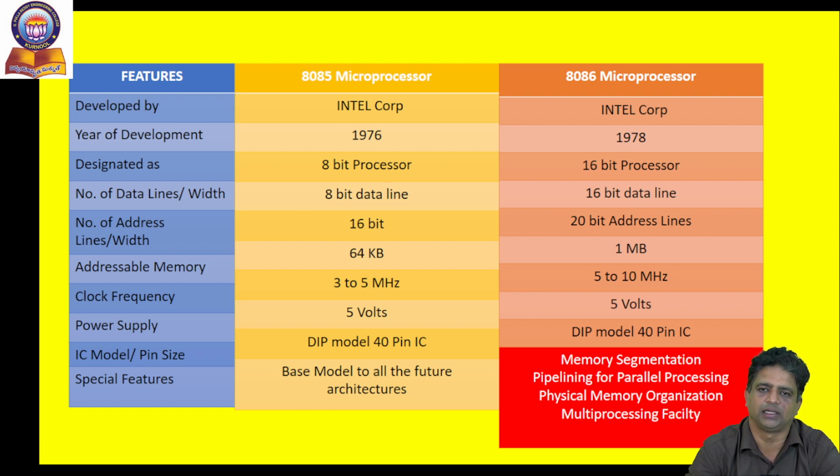Another specialty of 8086 is that it has the same 40-pin IC structure as 8085, and it also has many more enhanced features. Some of the new things added through the 8086 microprocessor make it a revolutionary processor in the generations of processor technology.